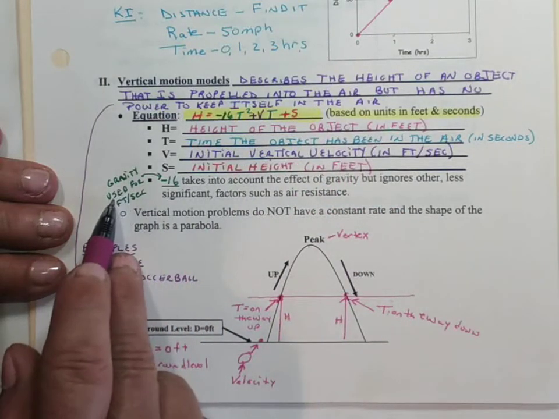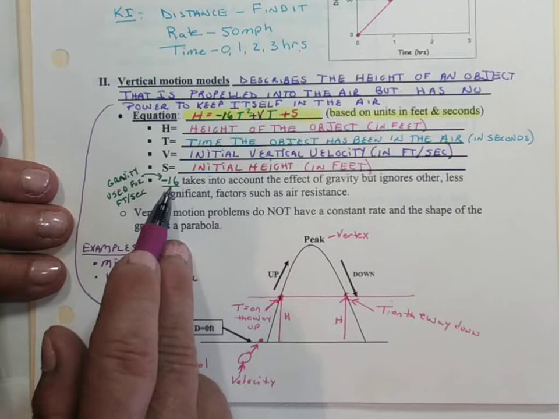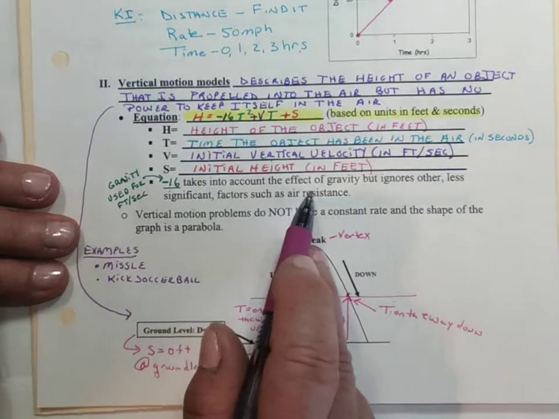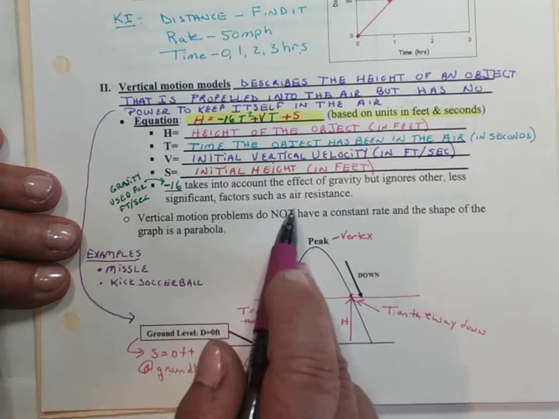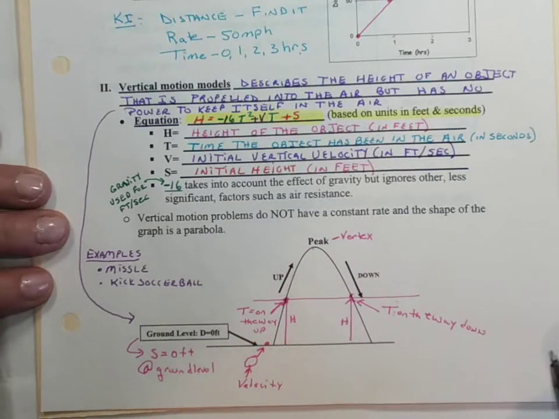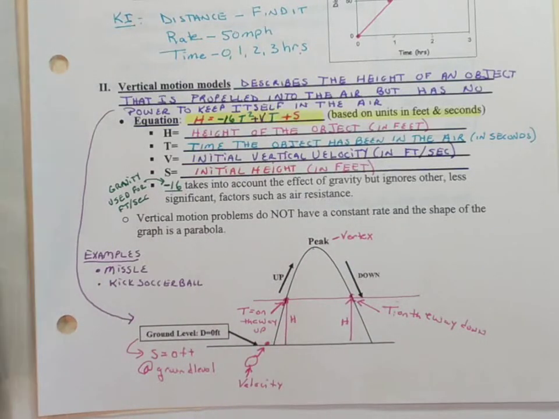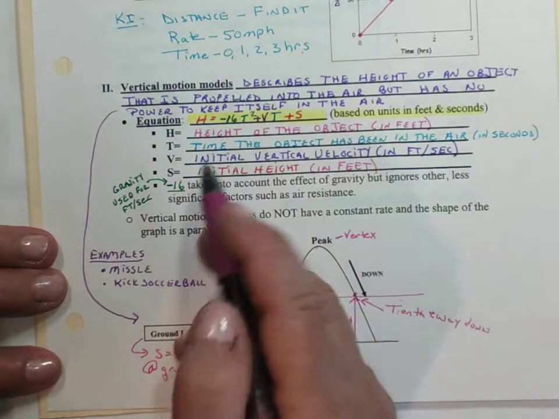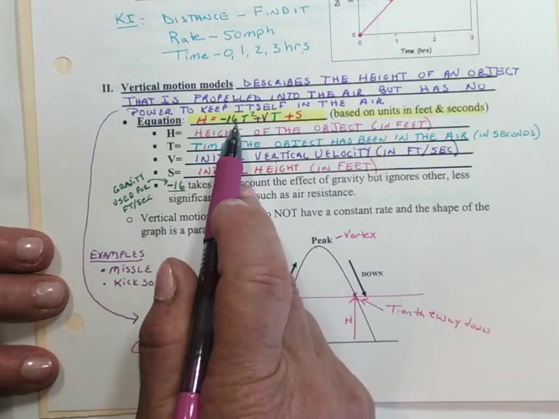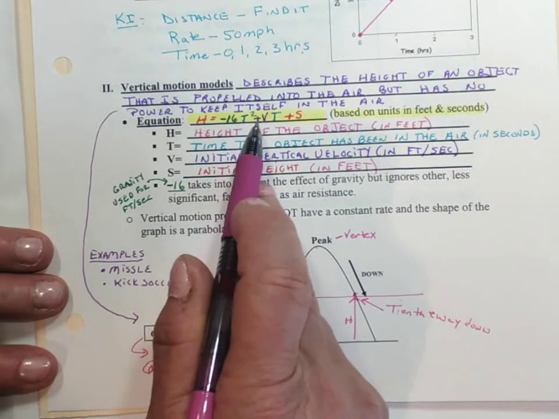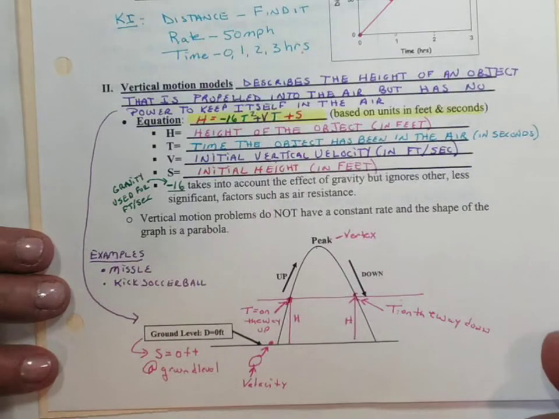So we're going to be using gravity in feet per second. So this factor is -16. It takes into account the effect of gravity, but ignores other less significant factors such as air resistance. And in your science classes, you're probably going to learn a lot more about this. But we're going to learn about the mathematical part. So the formula is the height is equal to -16t squared plus vt plus s.